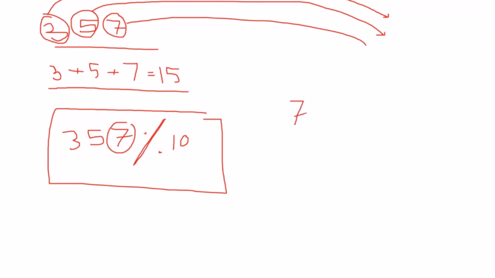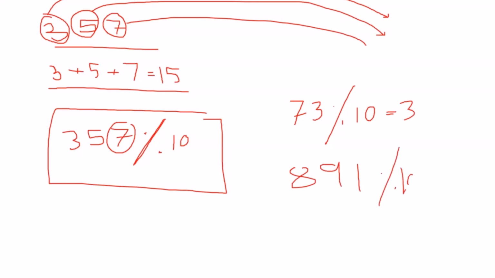Another example, 773 modulus 10. What's the value? 3. Does that make sense? 891 modulus 10 is equal to what? 1. Even 70 modulus 10, the remainder is? 0. Right?